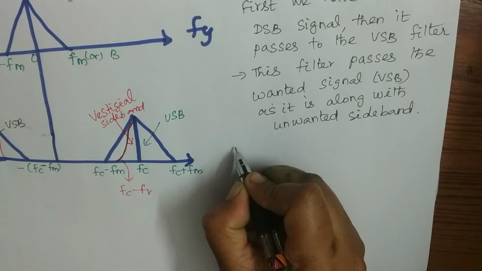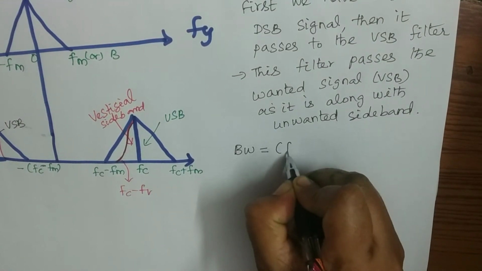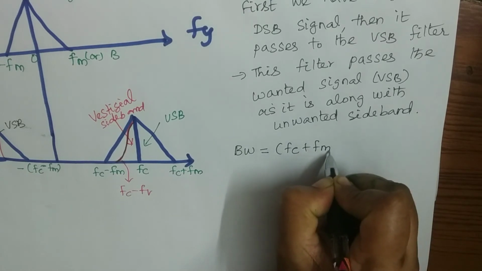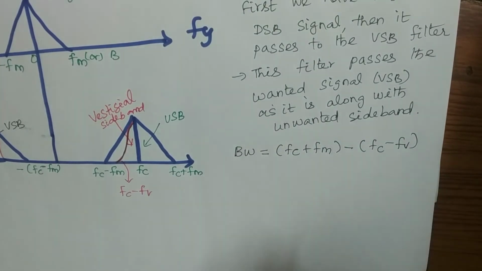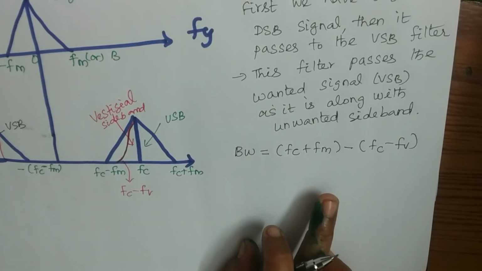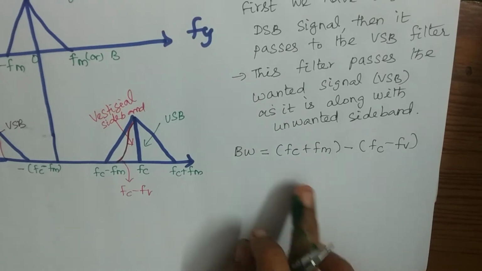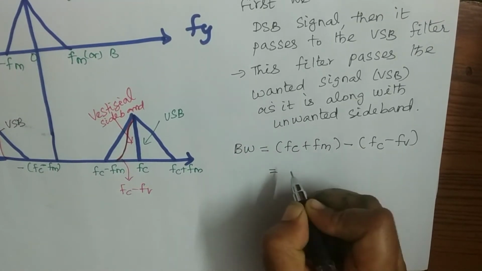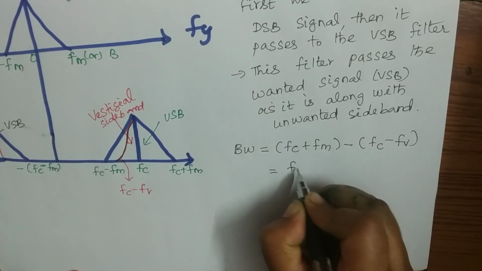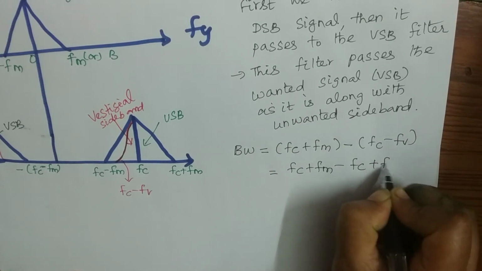Then I am going to calculate the bandwidth for the vestigial sideband. It is nothing but fc plus fm minus fc minus fv. We know that bandwidth is the difference between the higher frequency and the lower frequency. So the equation becomes fc plus fm minus fc plus fv.